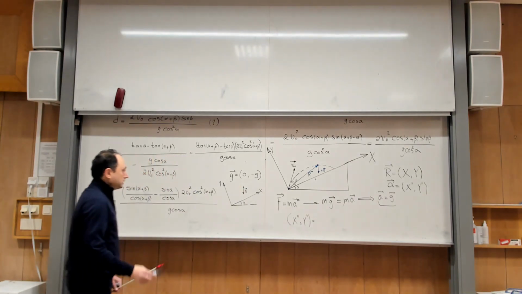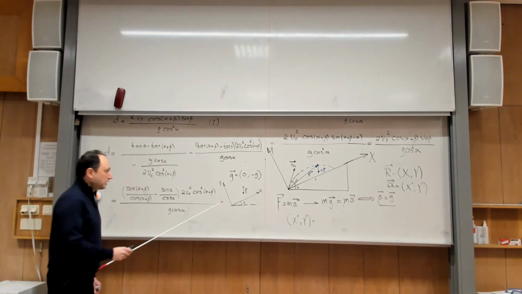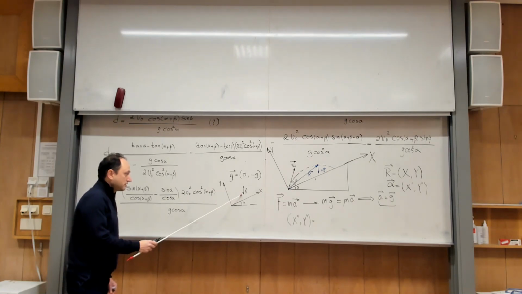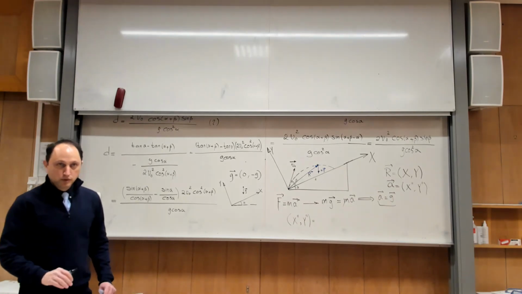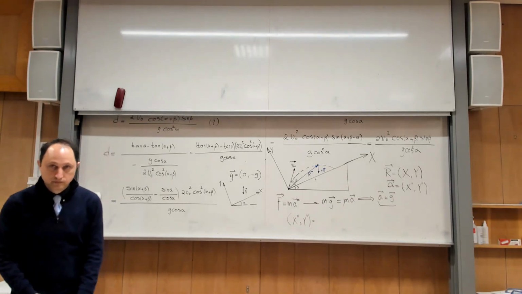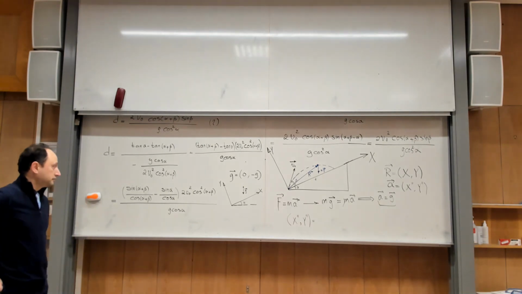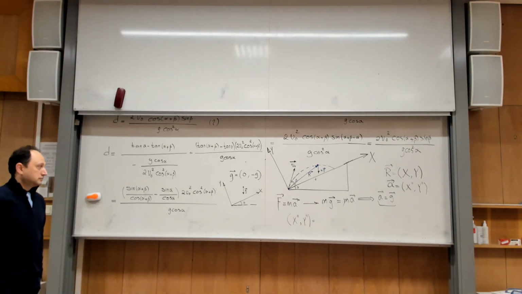Okay, but now you want to find the components of this vector in the new coordinate system. So what are the components? Can you tell me what is the x component?